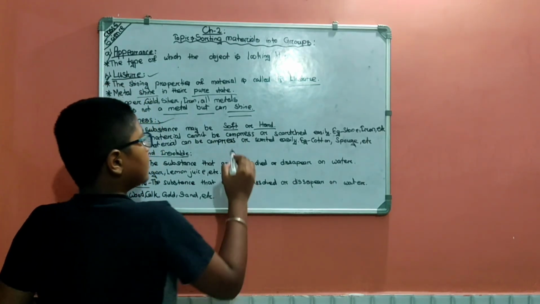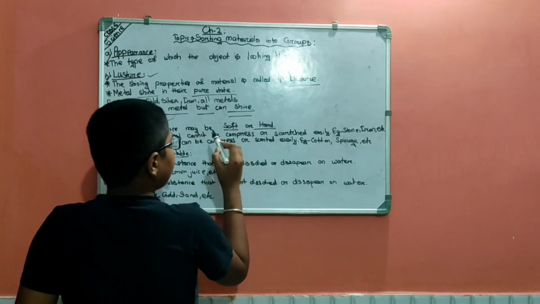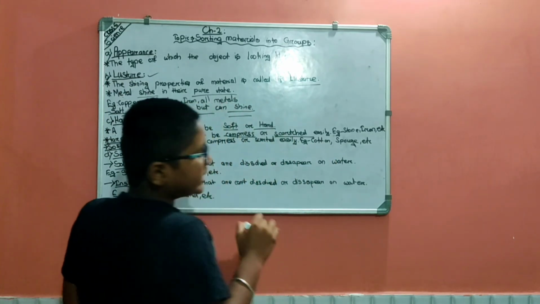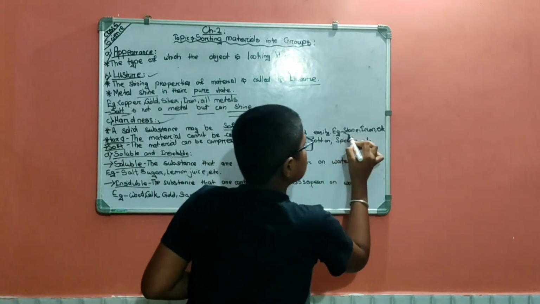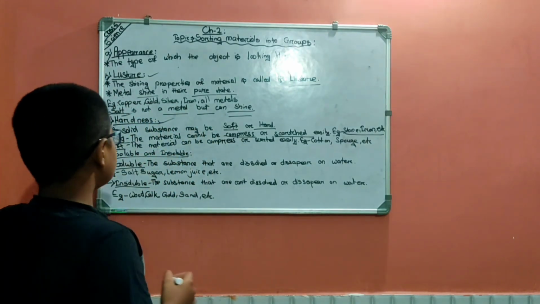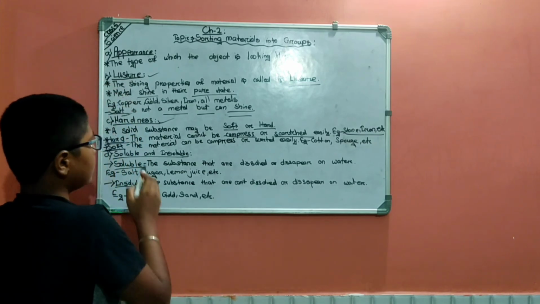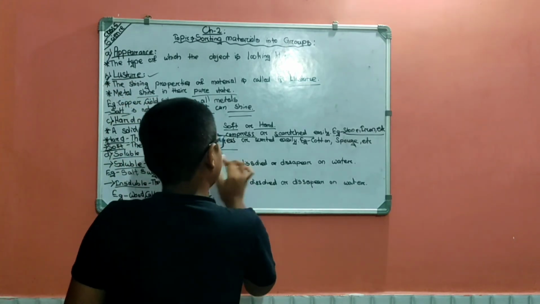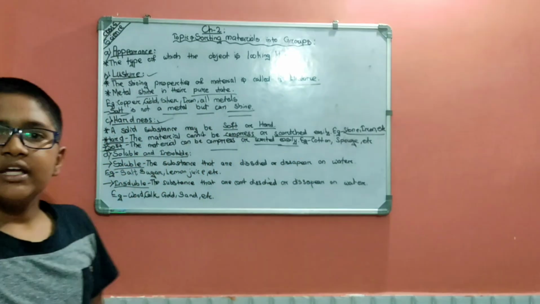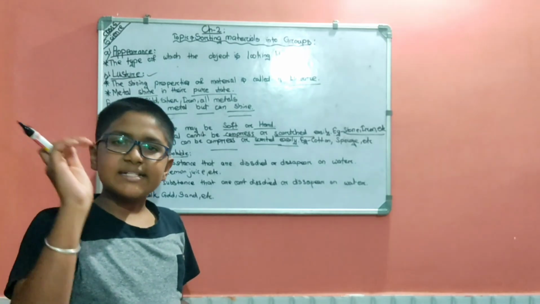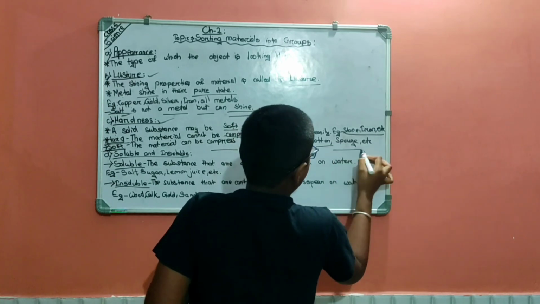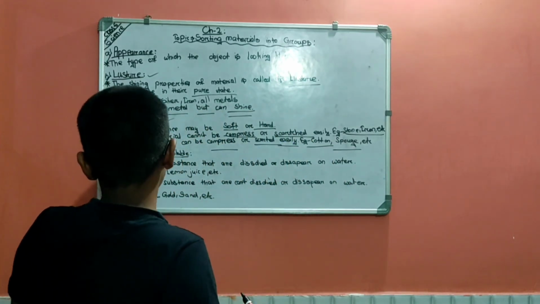It is the substance or material which is not compressed or scratched easily. Some examples are stones, iron, etc. Now soft: the material can be compressed or scratched easily. Some examples are cotton, sponge, etc.